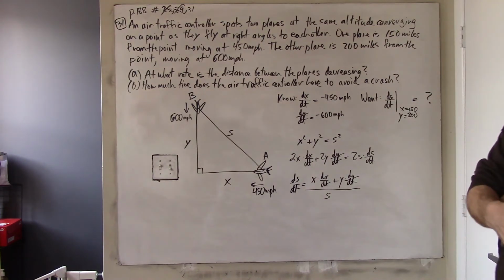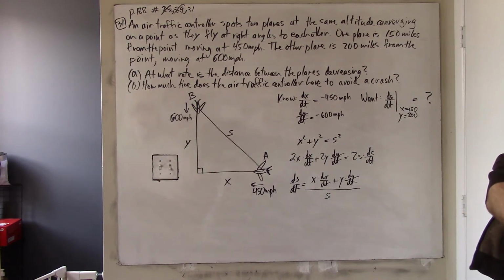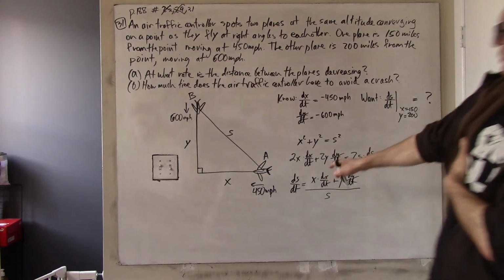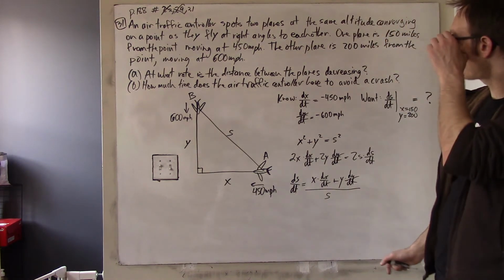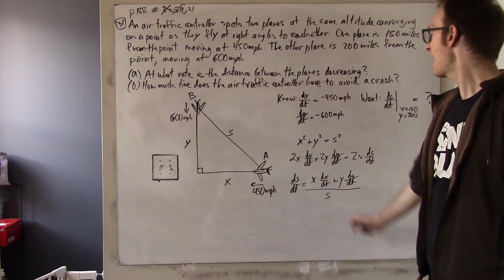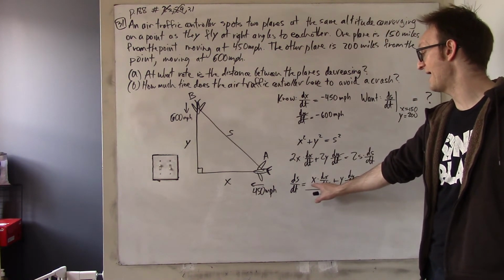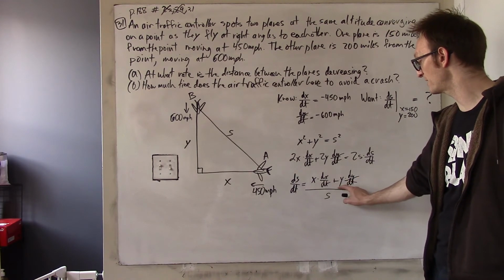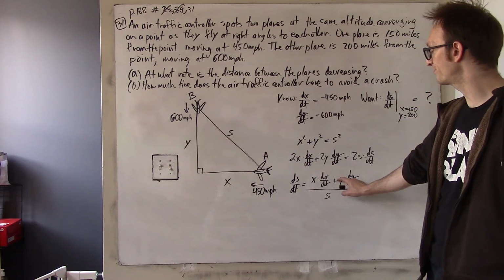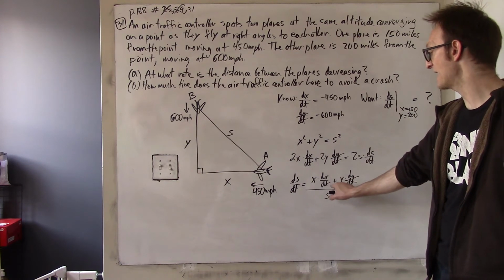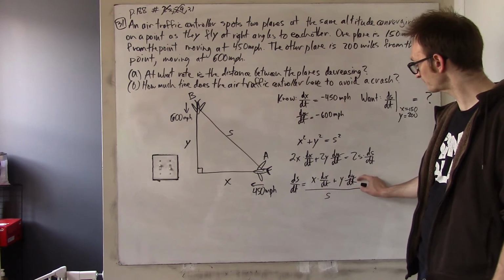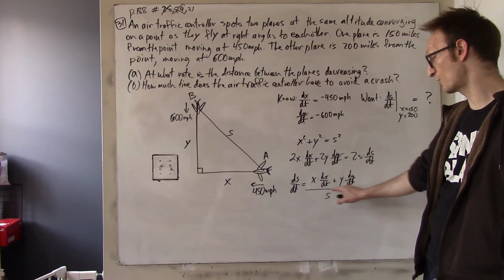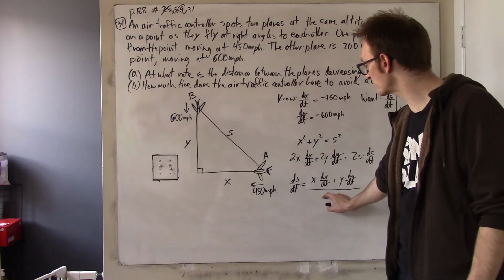In other words, the formula in general for the rate at which the distance between the planes is changing depends on, quite reasonably I think, how far the first plane A is from the point of intersection, how far plane B is from the point of intersection, and the rates at which both of those planes are moving, and how far apart the planes are.